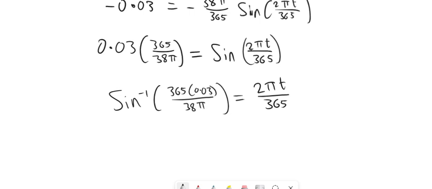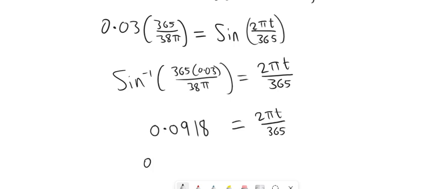Right, so when you put that in the calculator, we should get 0.0918, I'm rounding off there, and then it's just a matter of moving the rest of the stuff over.